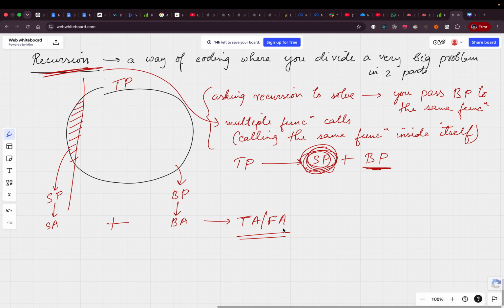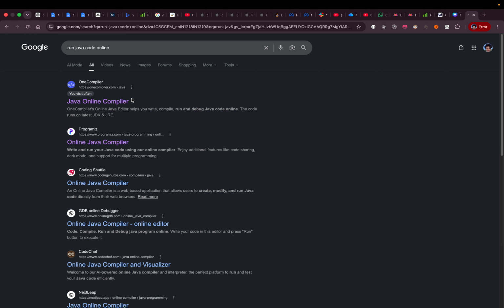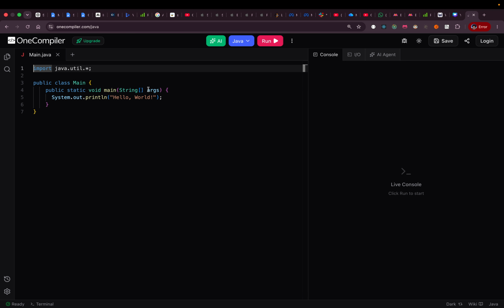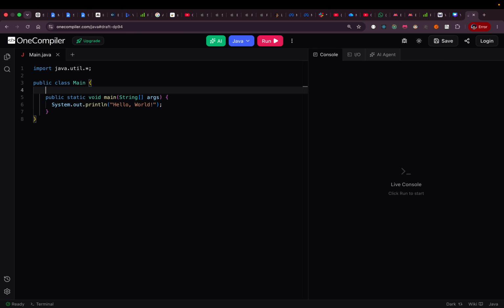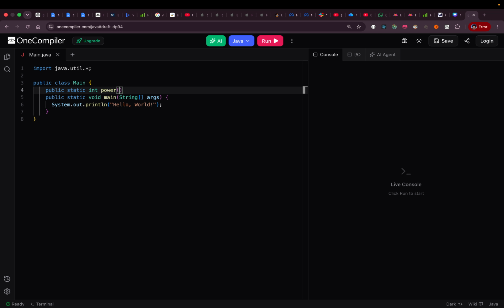Now, let's do it in practice. Let us try to solve a problem. Suppose I have to write a function which will take x, which will take n, and it will return the answer of x power n. So, let me bring up an online code editor. Let's say I have a function here, power, and it receives x, receives n.